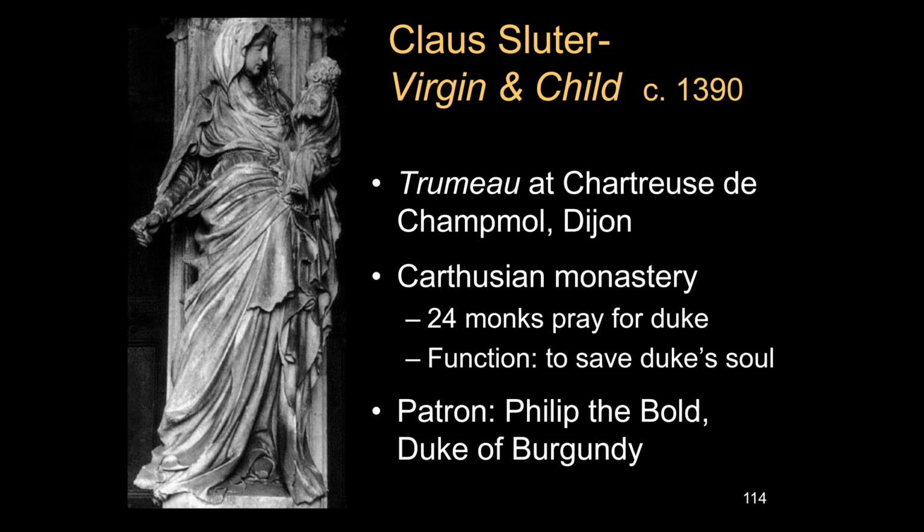And so it would be a major financial undertaking to create this double monastery, well endowed, where the monks' jobs are praying, and praying specifically for the Duke and his family. The function of all of this is to save the Duke's soul. And in this case, the Duke is Philip the Bold, the Duke of Burgundy.